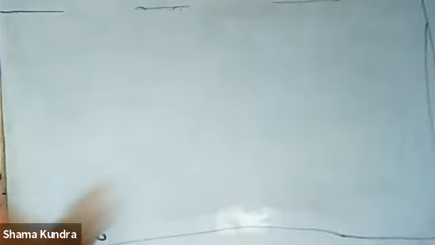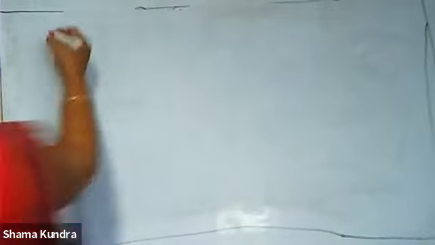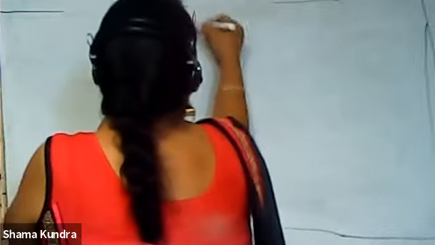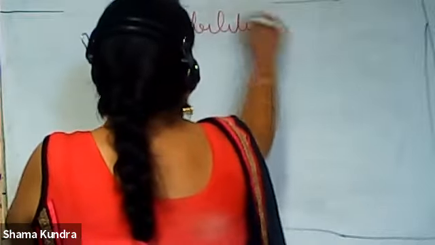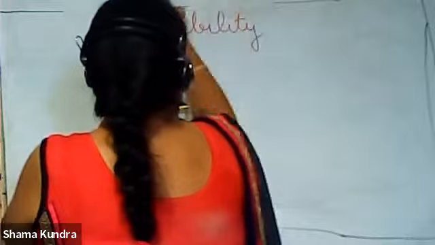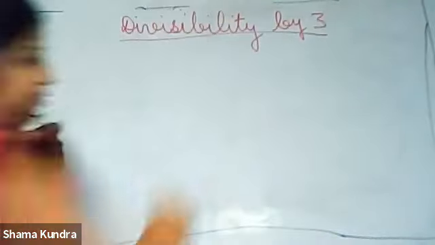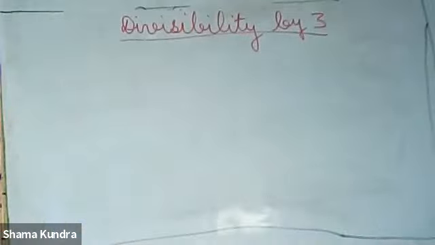Now we will discuss the divisibility rule for 3, whether the given number is divisible by 3 or not.